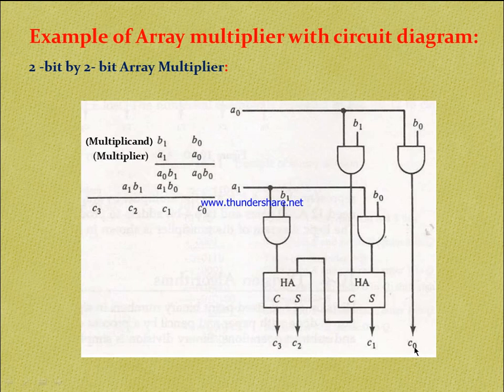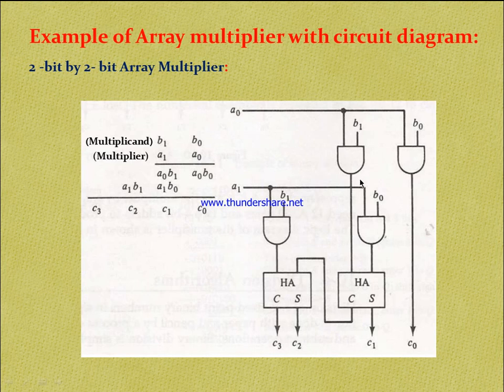And A0 into B1, this A0 into B1 should be multiplied and it is again added with the next partial product. So now this result A0 into B1 will be here.